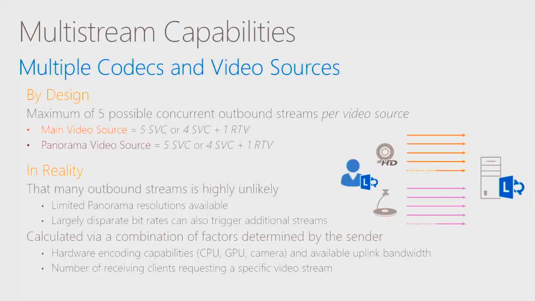So in theory, if you had every possible combination and you were on a network with infinite bandwidth and 0 packet loss and everything was perfect, and you had enough requests, you had 100 people all at different screen sizes, you would have the ability to actually encode 5 streams. And in those streams, those could be a mixture of resolutions, or going back to the temporal example, it could be a mixture of frame rates, because maybe I need to do 7.5 and 15 together, and then the 15 and 30 in another complete session.